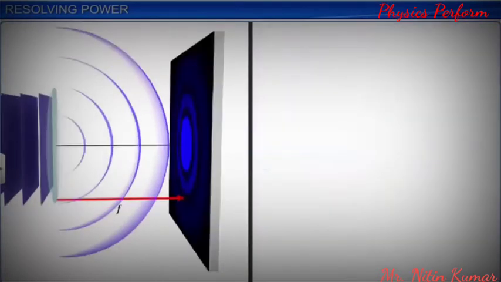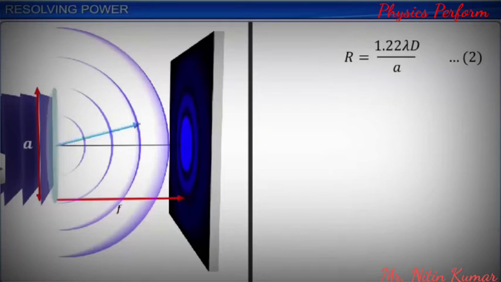If the diameter of the lens is A, then, using equation 2, the radius of the first dark ring, r is equal to 1.22 lambda f by A, where f is the focal length of the converging lens. Let this be equation 3.